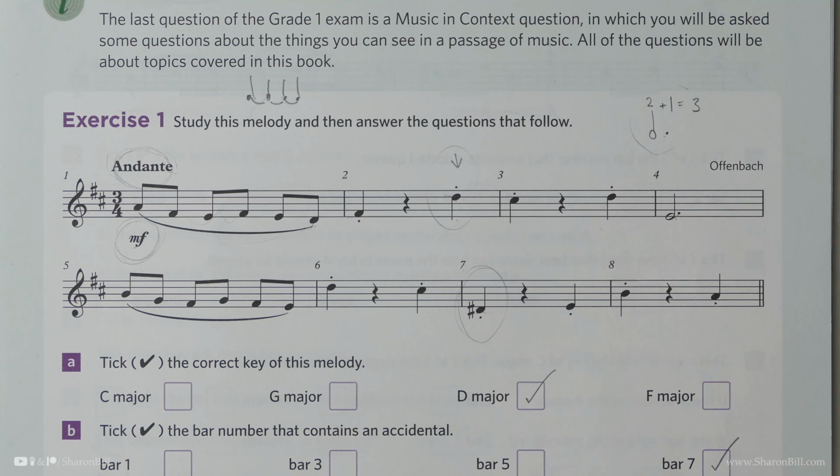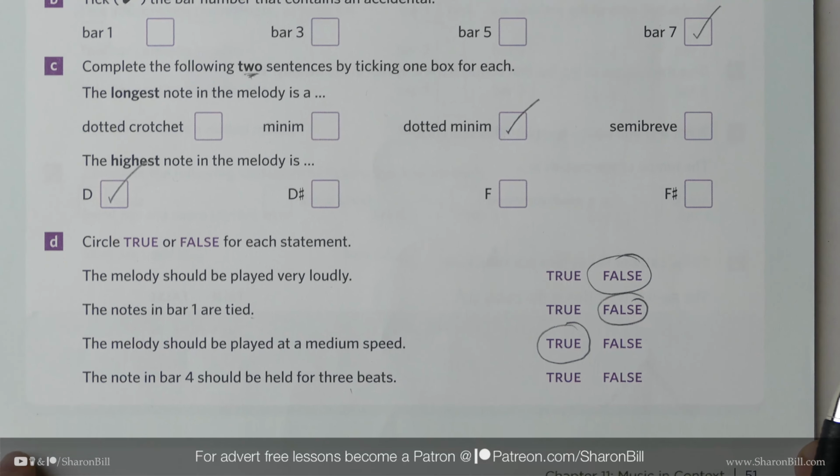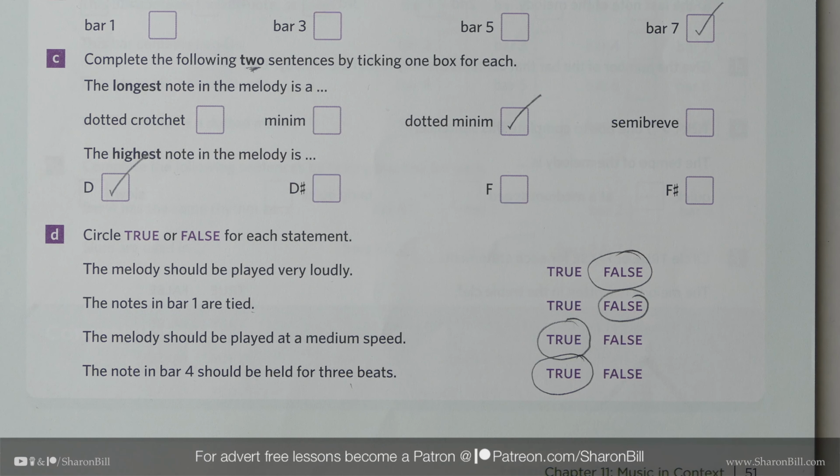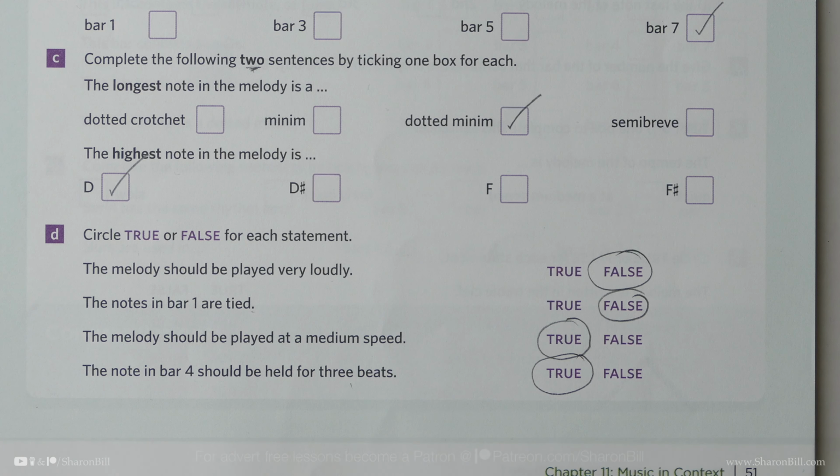And so now we already know that the answer to that is true, because a dotted minim is indeed worth 3 beats. And so that's that question, that's the exercise completed, and it's given us a good revise of some previous topics that we perhaps haven't touched for a while.